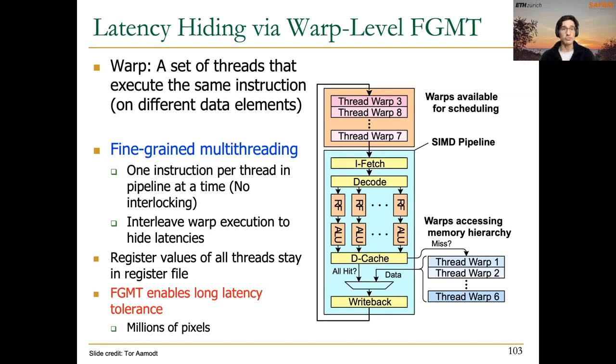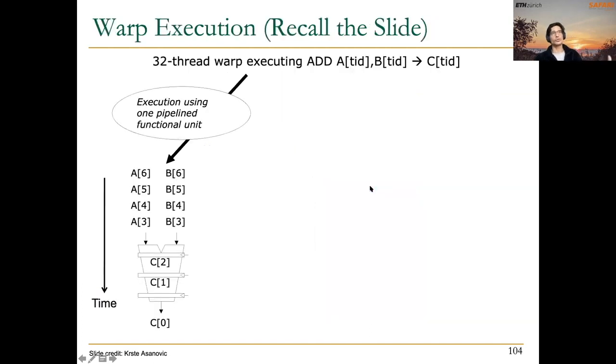So we will have these kinds of misses very frequently, going to main memory. The good thing is that while we are going to main memory for warp 0, let's say, we can continue the execution of instructions from other threads in this SIMD pipeline.